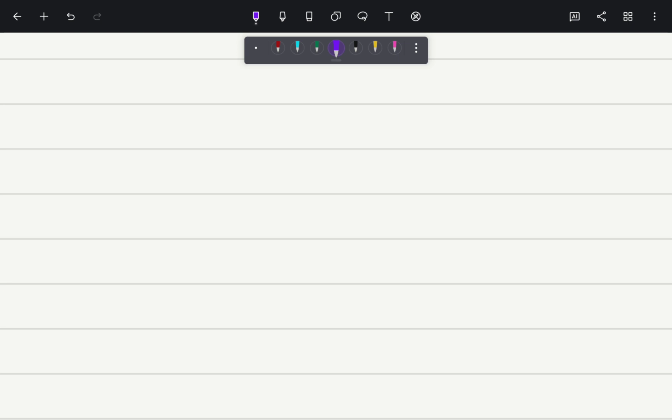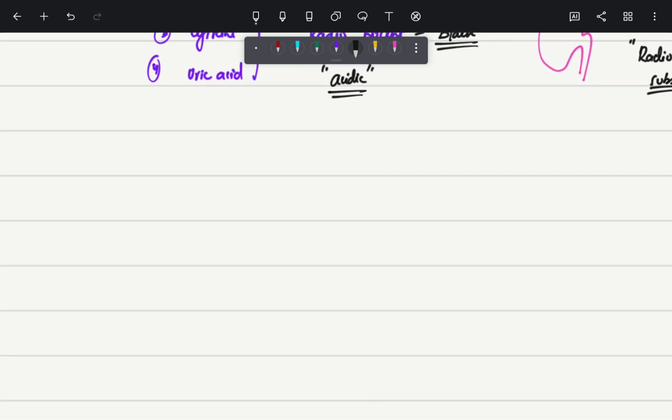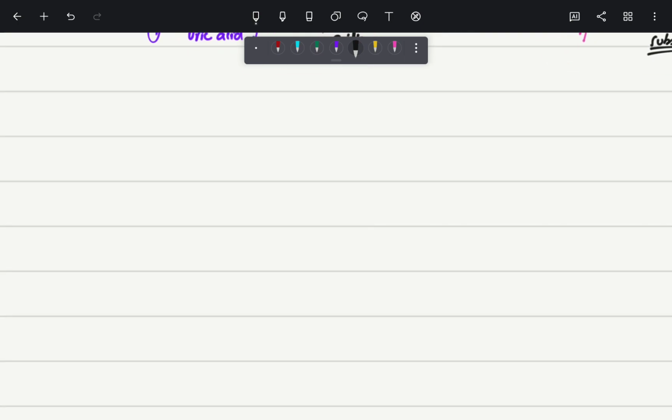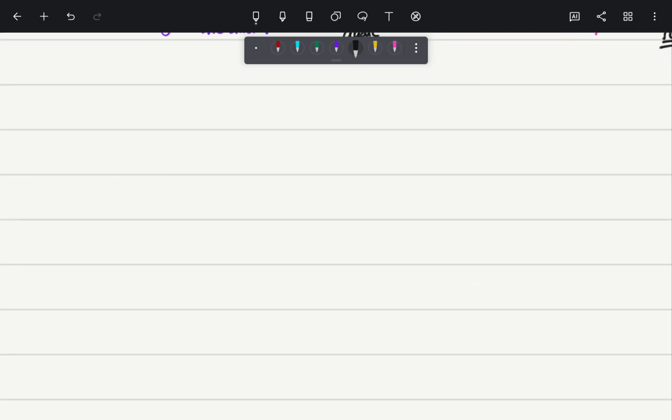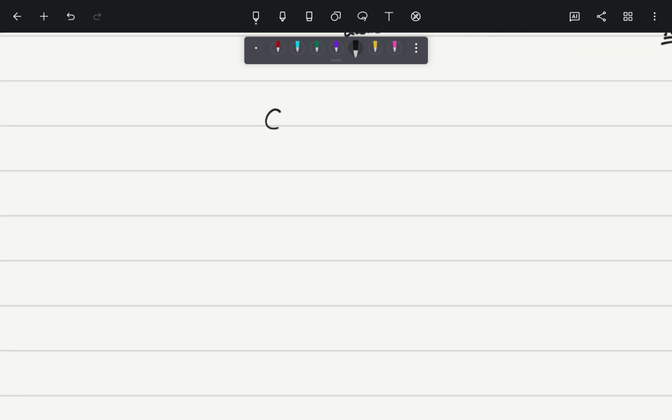Now if you are clear with the calcium oxalate stones, we will talk about the phosphate stones. One more thing about the calcium oxalate stones is that they are spiculated and they can present with hematuria.